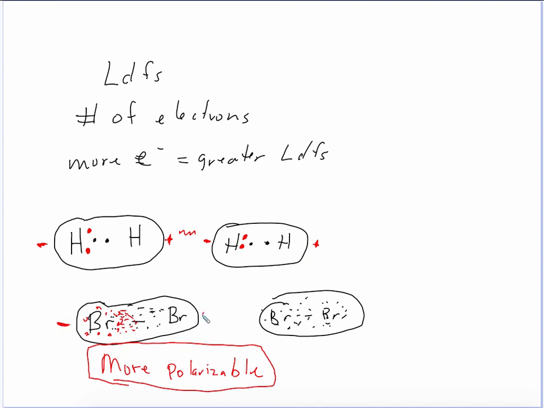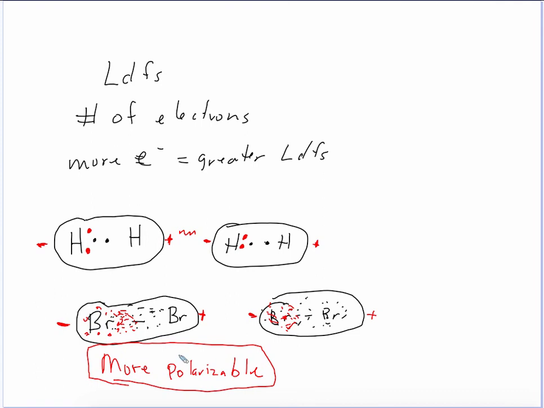So let's pretend all these electrons move over here. That's going to give this side a very strong negative charge and make this side very strongly positive. With more electrons, it can get more charged on one side than the other. It becomes more polarizable. And so that's what can happen over here also. Then this positive would pull these electrons more to this side, and it makes what's called a stronger dipole.